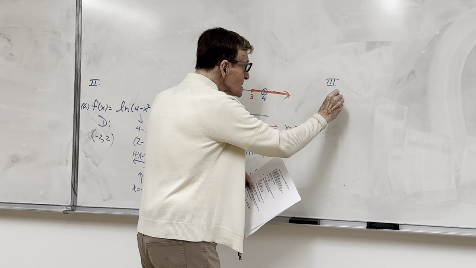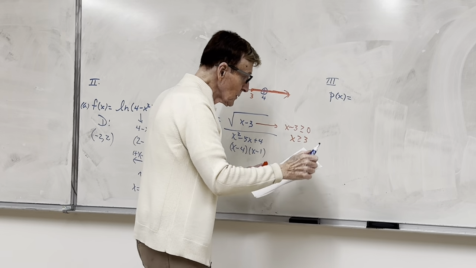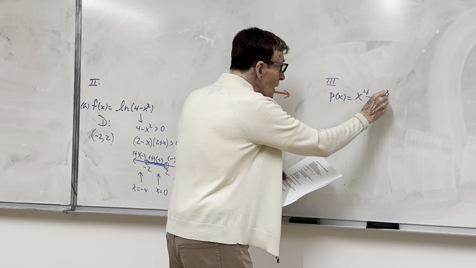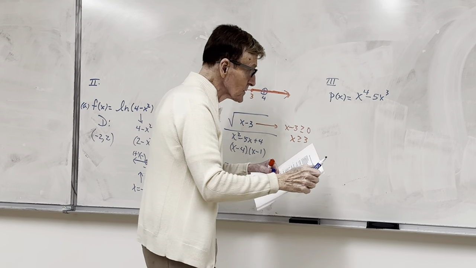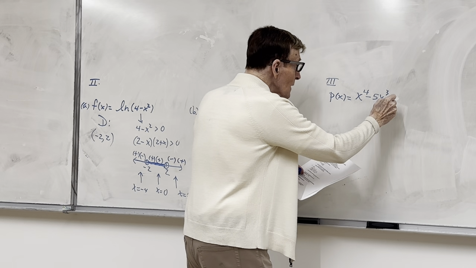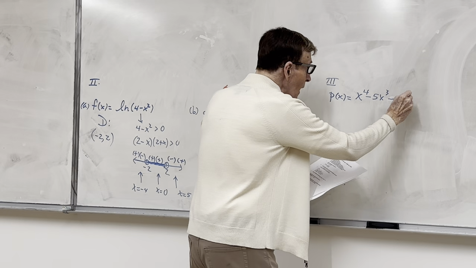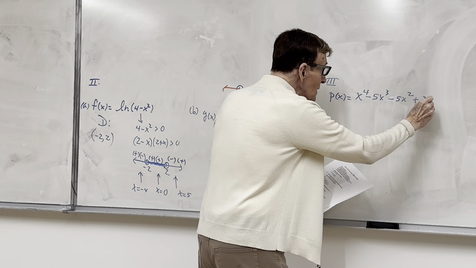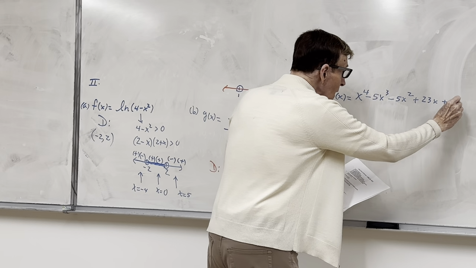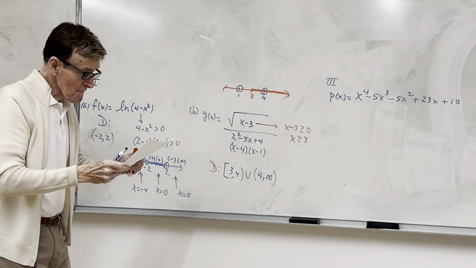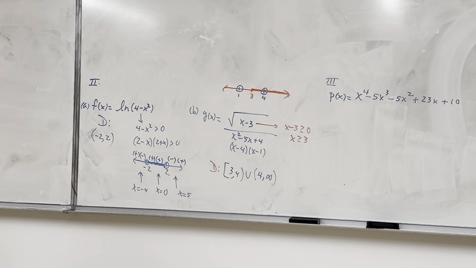I gave you p of x is equal to this, plus 23x, minus 5x squared, plus 23x plus 10. You guys make sure I have all that copied down correctly. Okay, it says find the complex zeros and write the function in complete factored form.